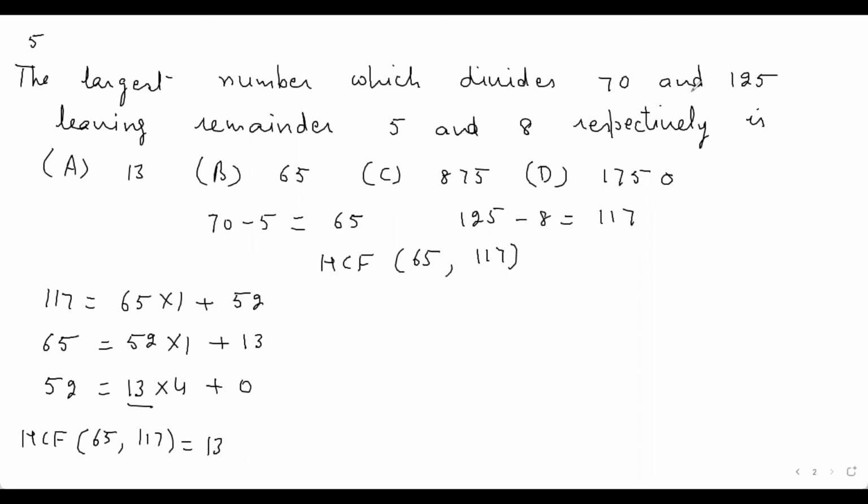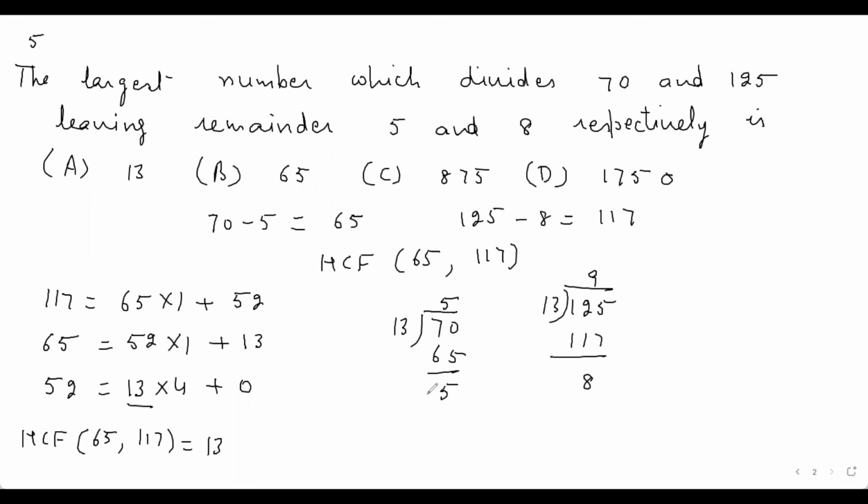Now 13 is the number which when divides 70, you will get 5 as a remainder, which divides 125, you will get 8 as remainder. I'll check here. If you divide 70 by 13, 13 5s are 65, you will get 5 as a remainder. If you divide 125 by 13, 13 9s are 117, you will get 8 as a remainder.